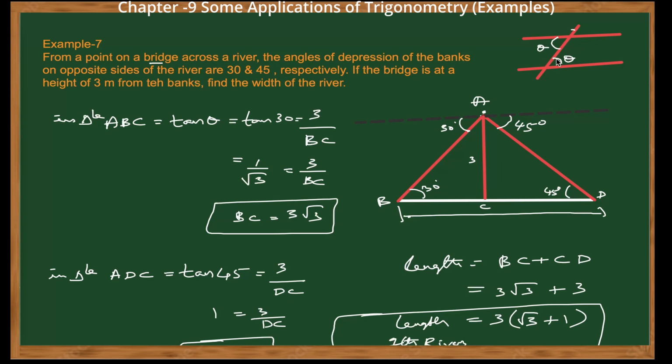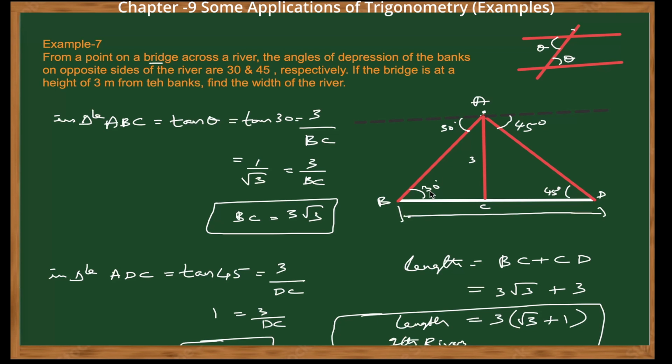So I hope this is clear. Whenever you see an angle of depression, you can put the angle opposite to it here. Drawing this diagram will help you out. By this you can put the value, and solve it as a triangle using the trigonometric ratios.